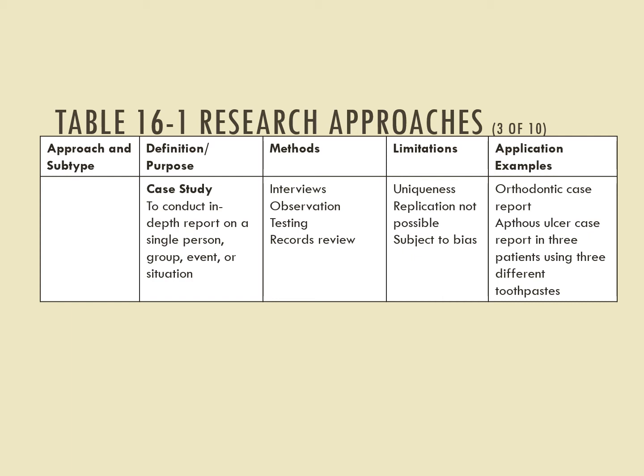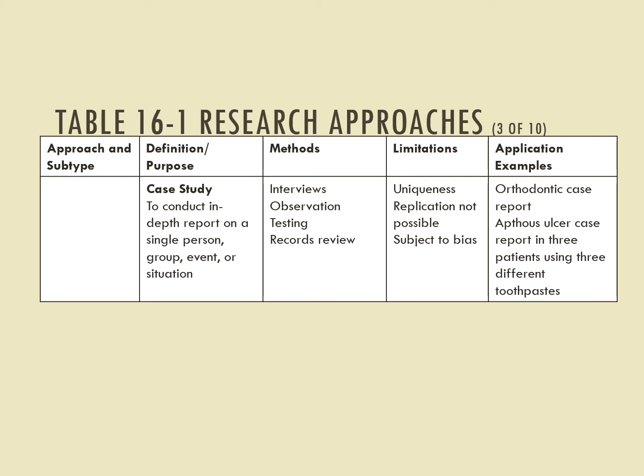The limitation here is that the person is so unique that it isn't really something you can generalize to the overall population. So just because we learn something that works for that one person, it doesn't mean that intervention is going to work for all people who have that condition. Replication is not possible because you just had the one person, and it is subject to bias a lot.